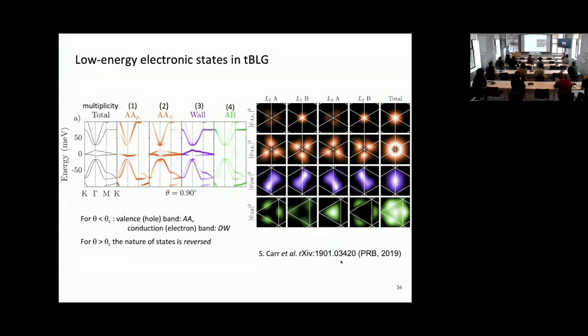The orange wave functions correspond to states that are localized in the AA regions of pz character or px plus or minus i py character. These are the contributions of the wall-related states, and these are the contributions of the AB or BA states. This is the multiplicity of each one of them. If you sum them all up, you have 10 states here per unit cell, per moiré unit cell.